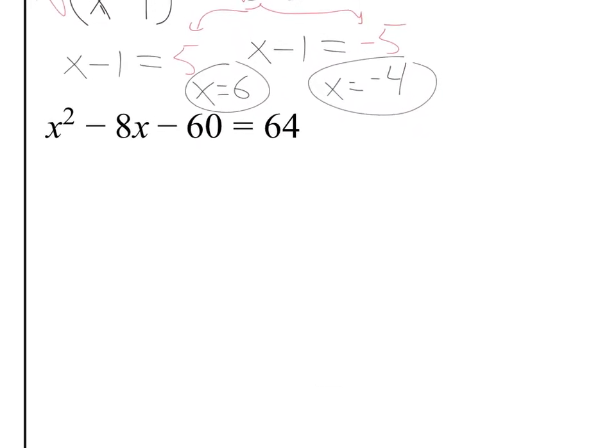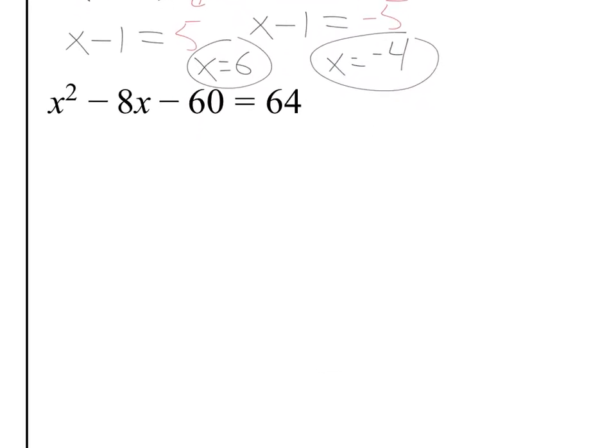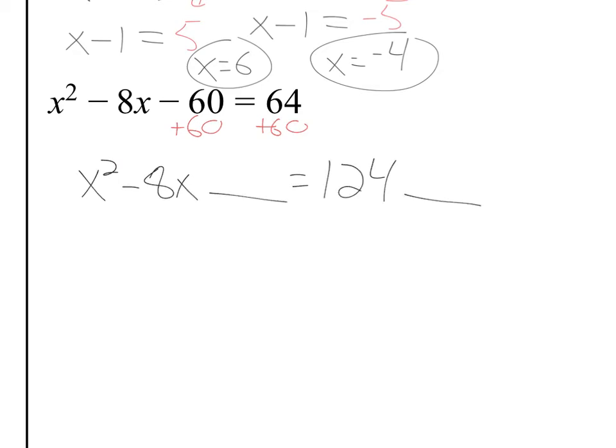Next one. x squared minus 8x minus 60 equals 64. First things first, let's get rid of that 60. Kick that over to the other side. So I've got x squared minus 8x blank space equals 124 blank space. So now we have to play a little what if.